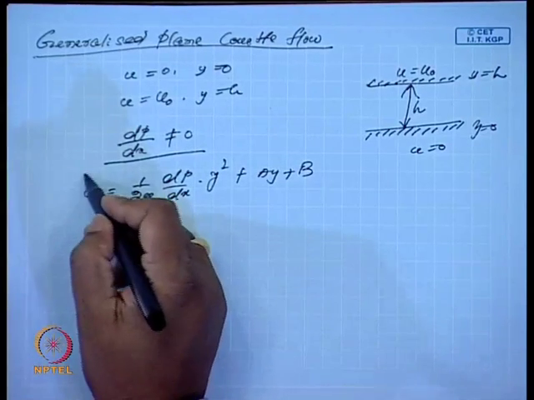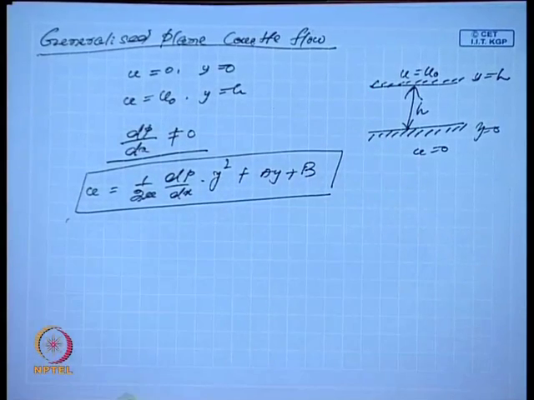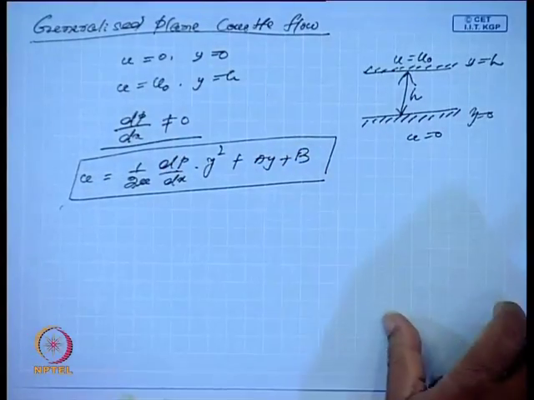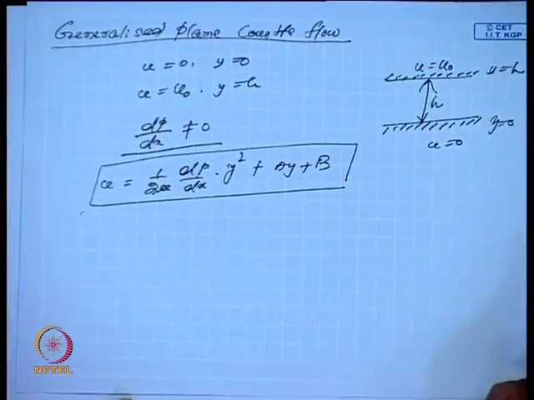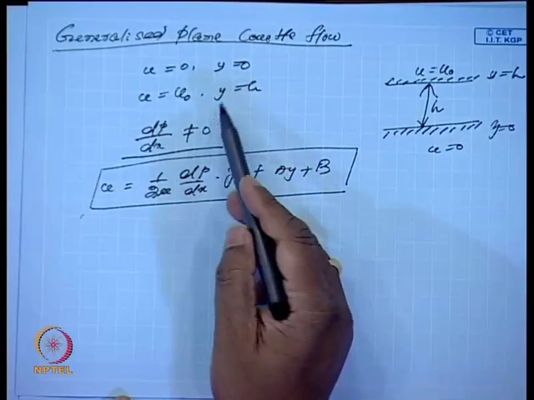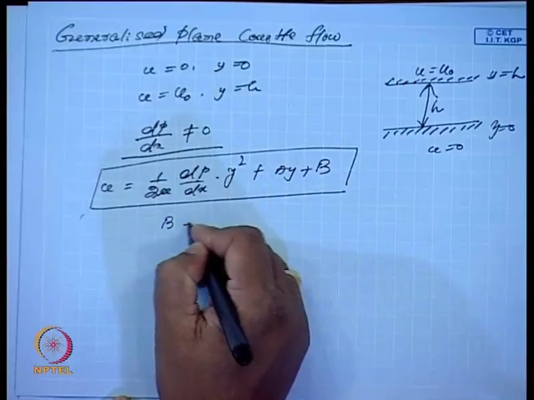This is the nature of the general flow, and u is equal to 0 at y is equal to 0 gives us b as 0.